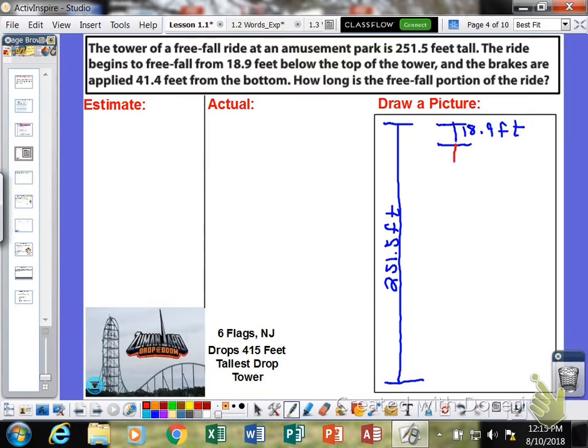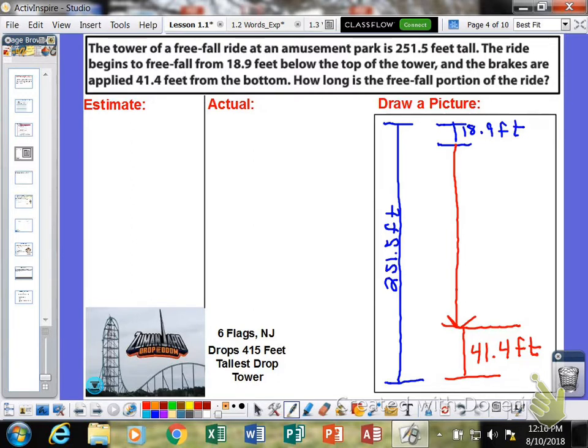So we start free falling, free falling, free falling, free falling. And then the brakes are applied here. This is where the brakes are applied. And the distance from here to here is 41.4 feet from the bottom. So that's when the brakes are applied, and then the brakes slow you down.